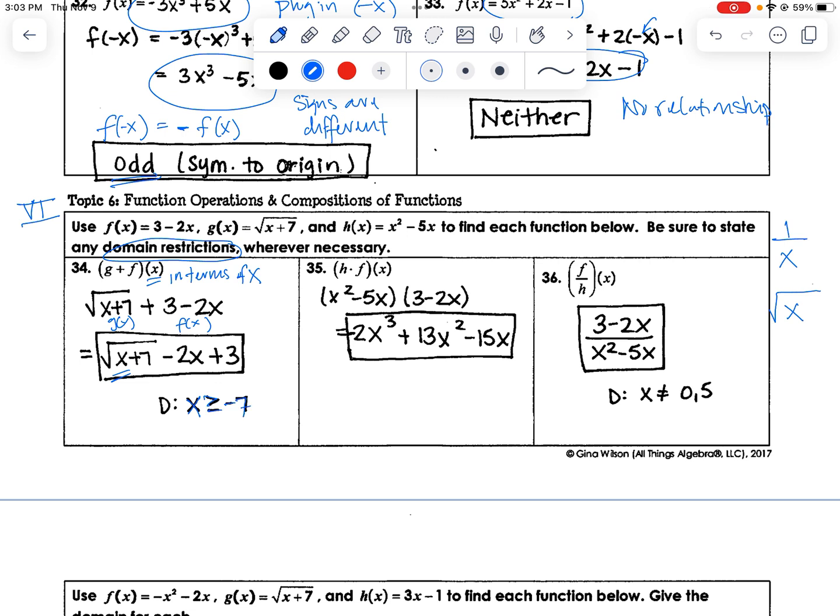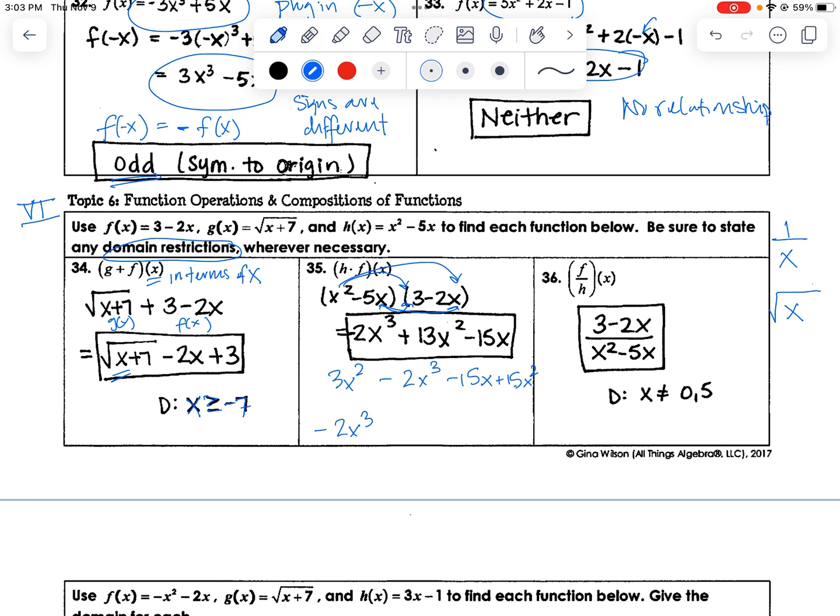In the next one, I'm going to multiply two functions by each other, and that's a matter of double distribution. So that's why I'm looking at 3x squared minus 2x cubed minus 15x plus 15x squared, right, distributing everything to everyone. I get negative 2x cubed plus 15x squared plus 3x squared.